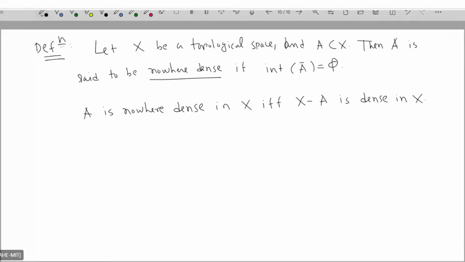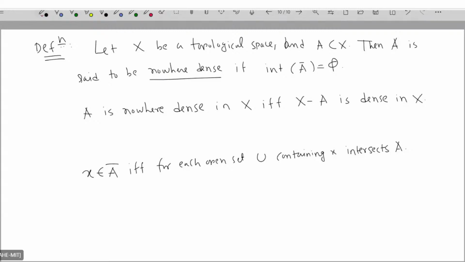An element x belongs to A closure if and only if every open set U containing x intersects A. So x belongs to A closure if and only if, whatever open set you have, if it contains x, then it must intersect A.